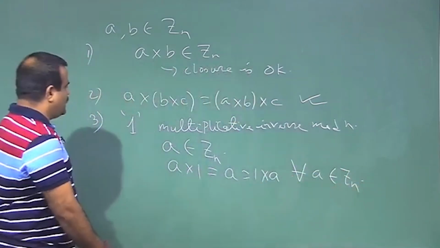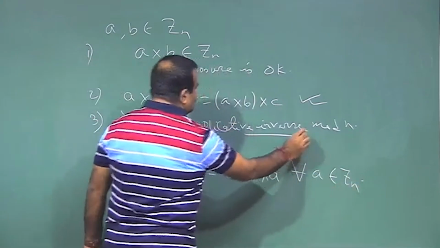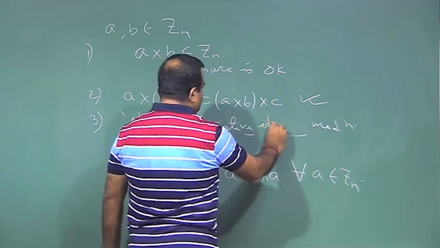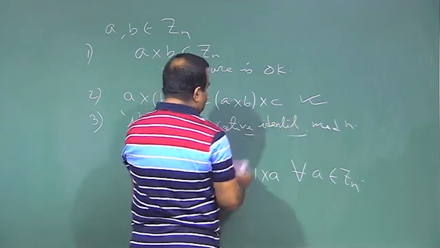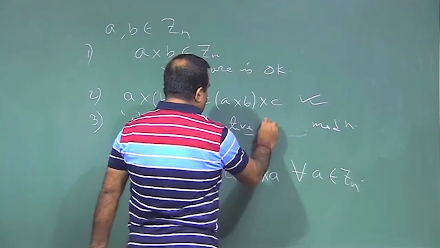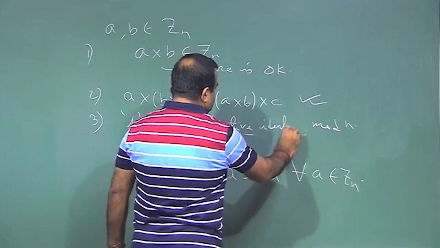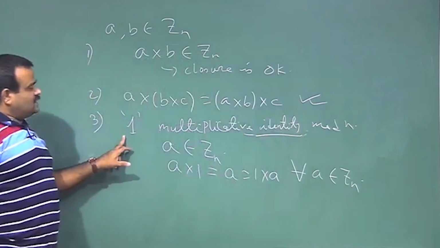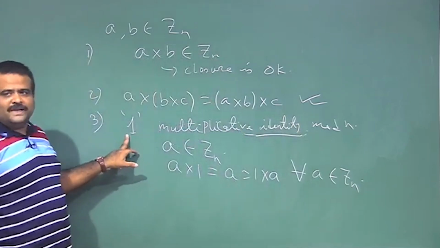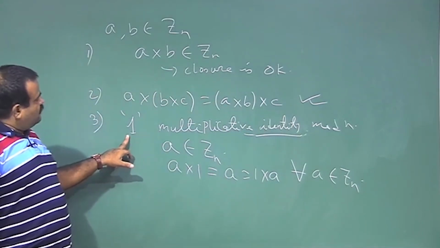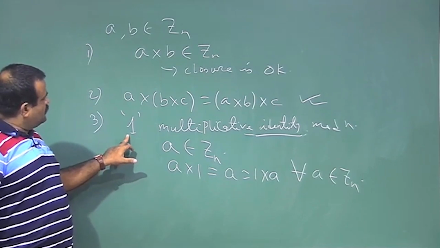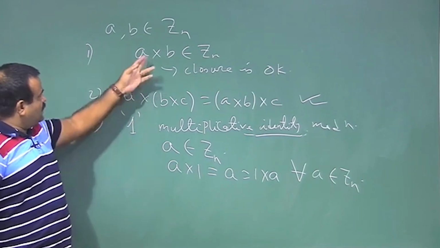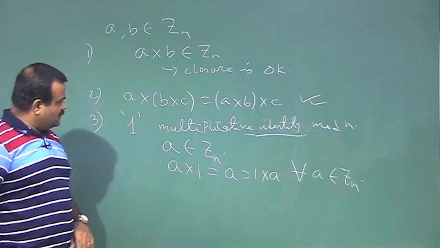So, this implies multiplicative identity. This is not inverse, sorry, this is multiplicative identity. So, 1 serves as the multiplicative identity under the multiplication operation.